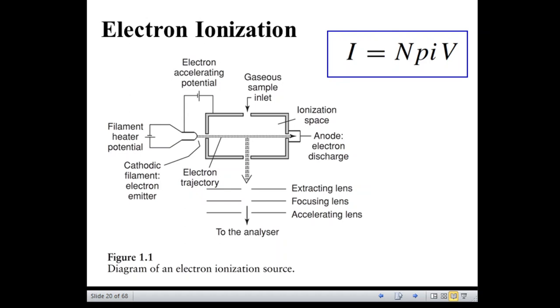As you can see in the figure, this source consists of a heated filament which gives off the electrons, and then the electrons are accelerated towards an anode and they collide with the gaseous molecules of the sample injected into the source.